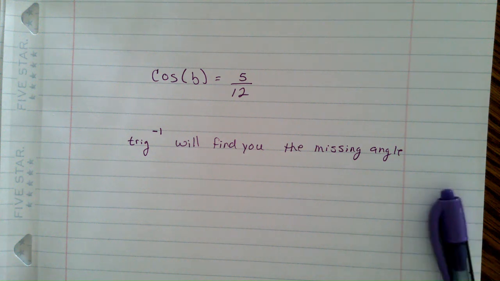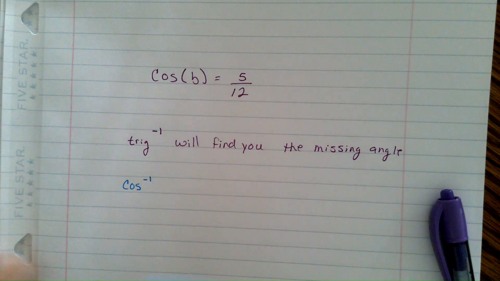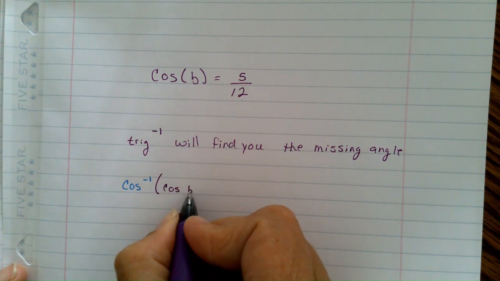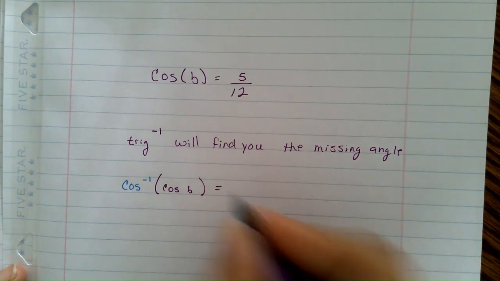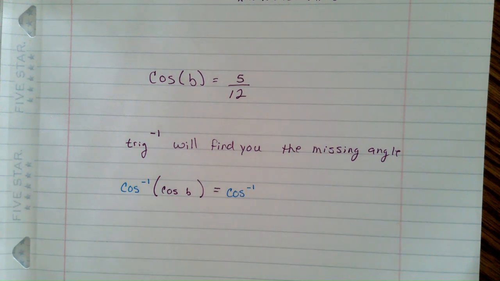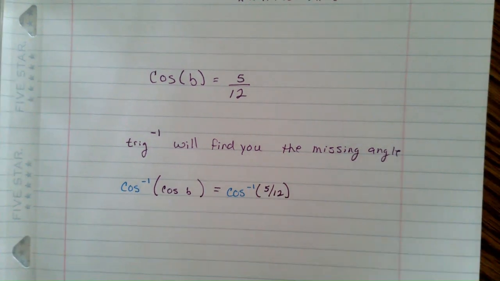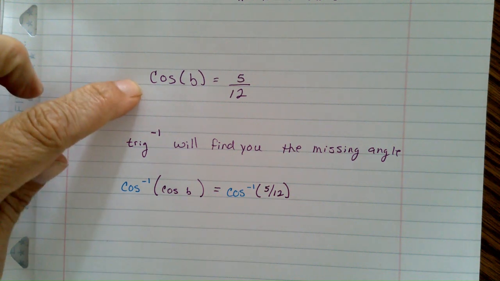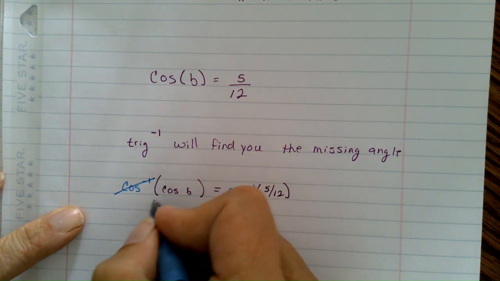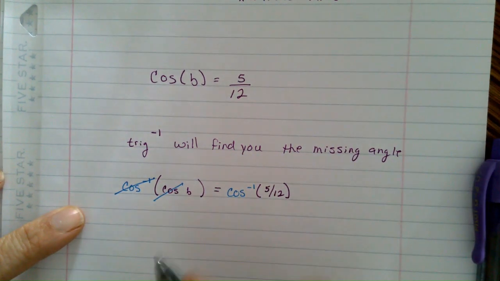So to cancel out cosine, I need the opposite of cosine. So you'll see that I just took this up here and I put cosine -1 in front. So these are inverse operations and they cancel each other out, just like +5 and -5.